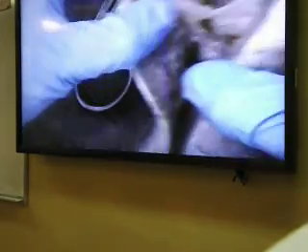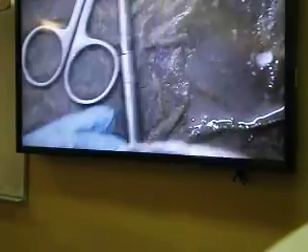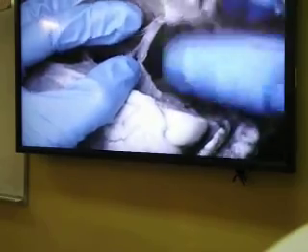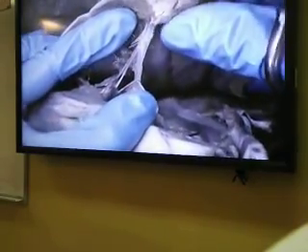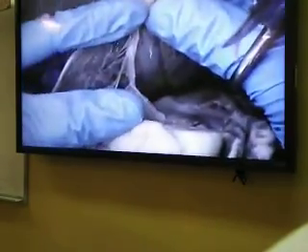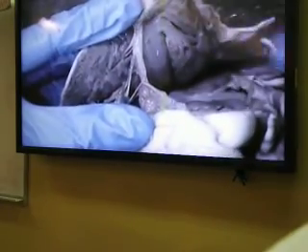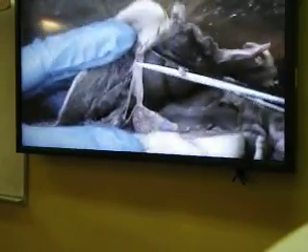Okay, once I understand how they are attached, I can go a tiny bit more just to see a little bit better. That will cut this part a little bit, but I can still see the valve a little bit more. So this is the way valves are located, tricuspid. So I will just cut here a little bit more.